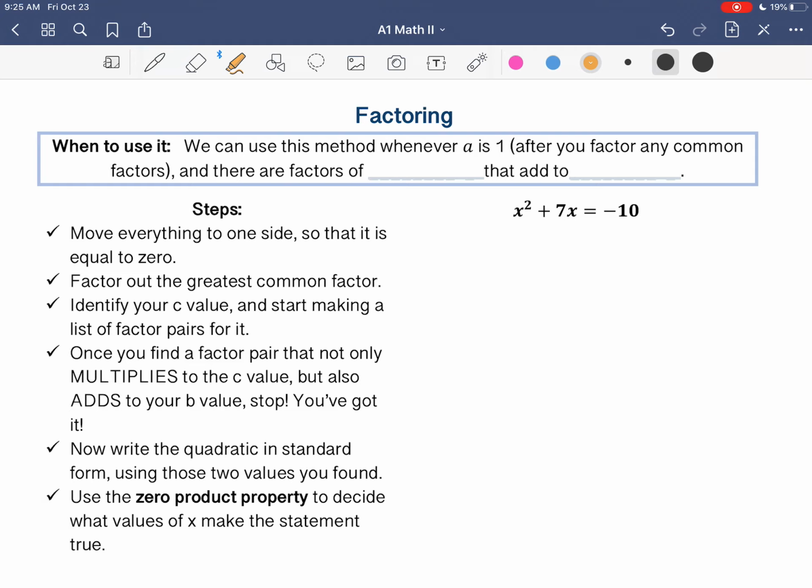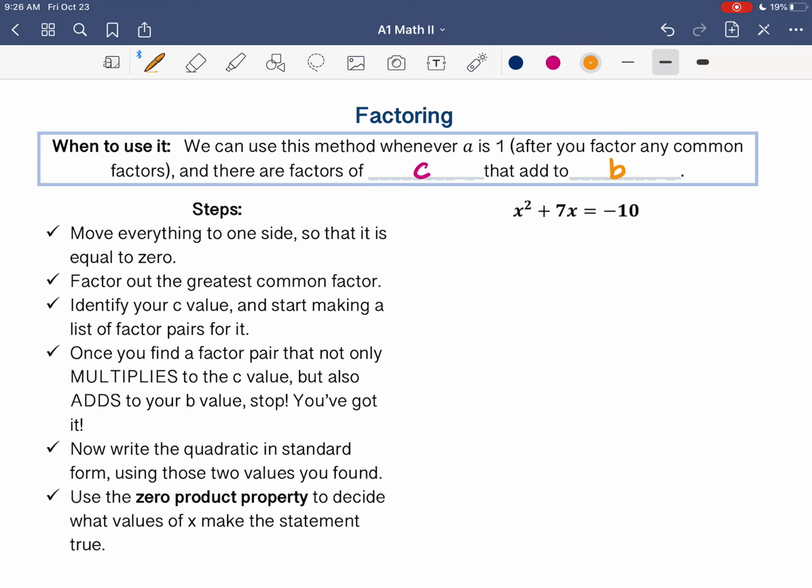First of all, factoring again sort of has some qualifiers. Not every standard form quadratic can be factored. And it seems kind of specific, but you can use this method whenever a is 1 after you factor out any common factors, and there are factors of c that add to b.